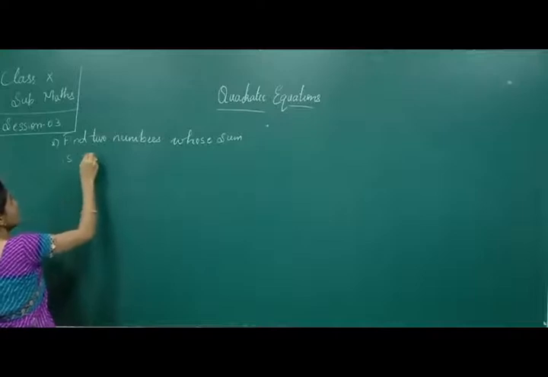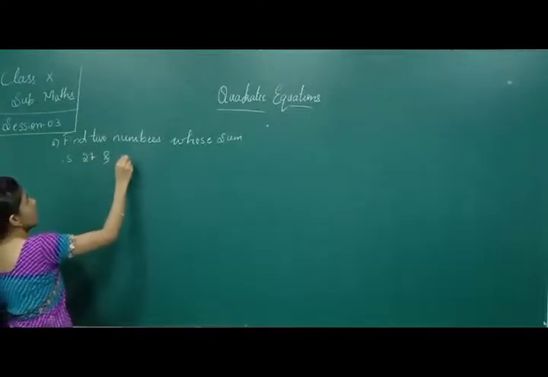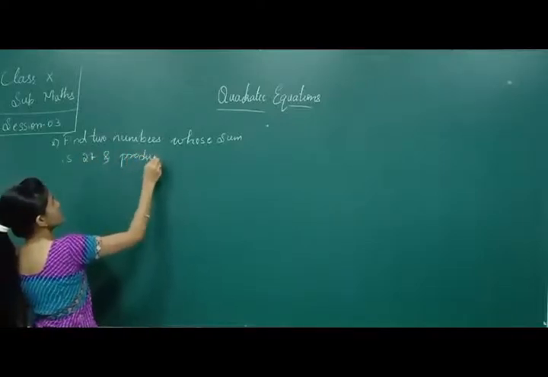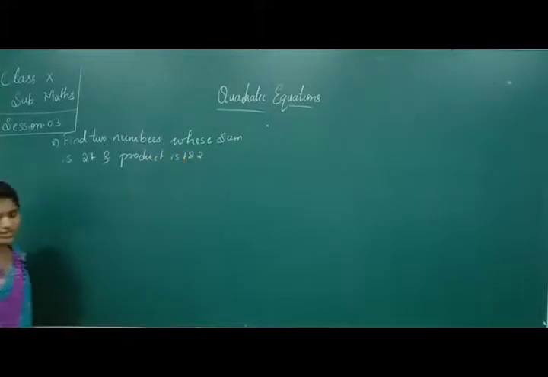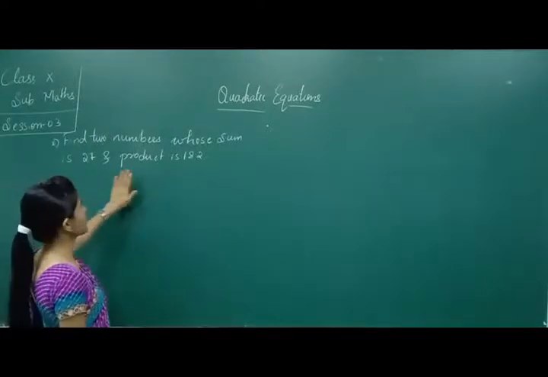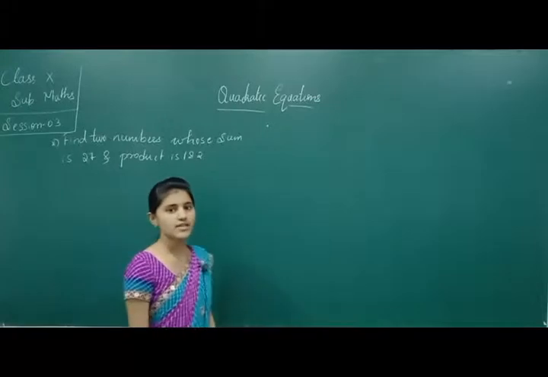What are we supposed to find? Find two numbers whose sum is 27 and product is 182.